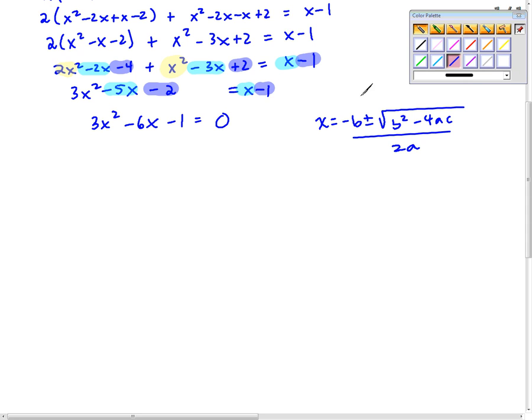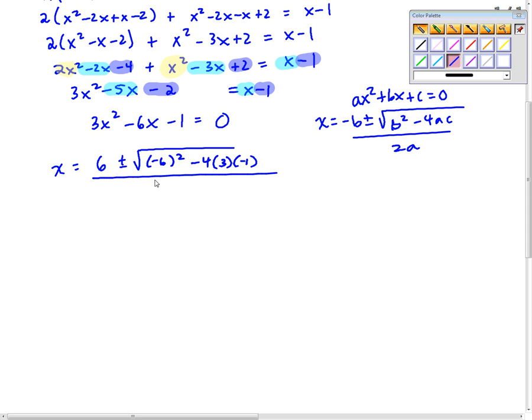That's if your equation looks like ax squared plus bx plus c equals 0. So x equals negative b, so positive 6, plus or minus the square root of b squared, so negative 6 squared, minus 4 times a times c all over 2a.